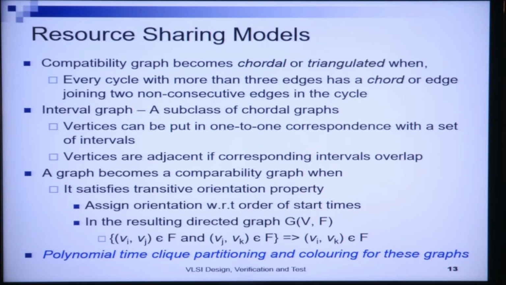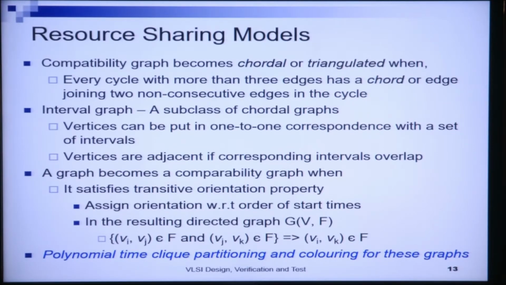So, first we understand what chordal or triangulated graphs are. In terms of a compatibility graph, it becomes a chordal or triangulated graph when every cycle with more than 3 edges in the graph has a chord, or an edge joining two non-consecutive vertices in the cycle.